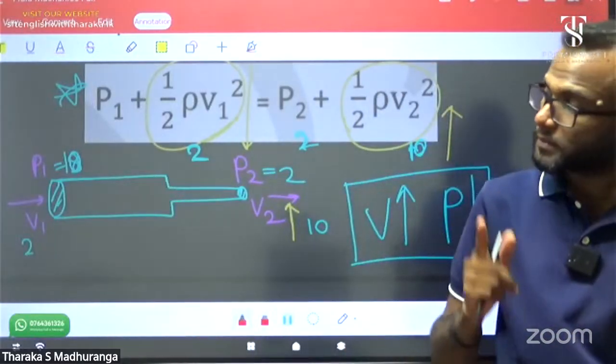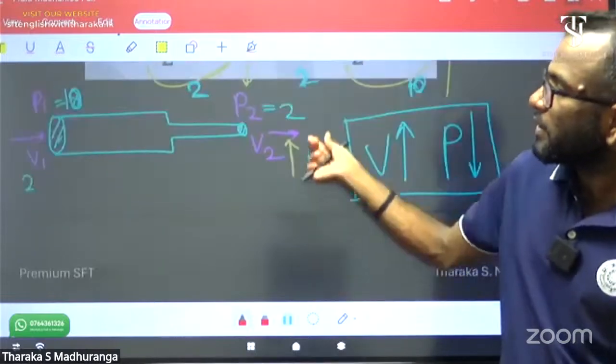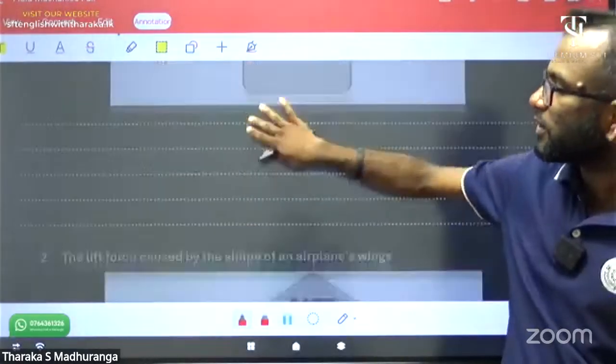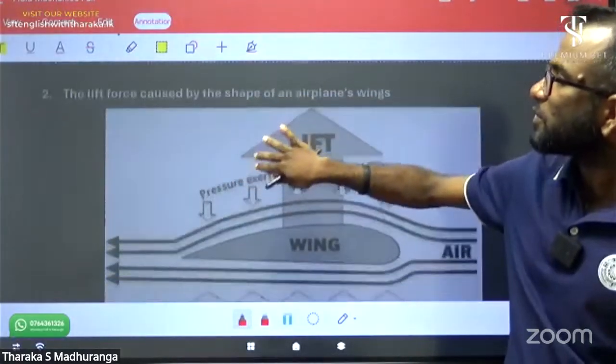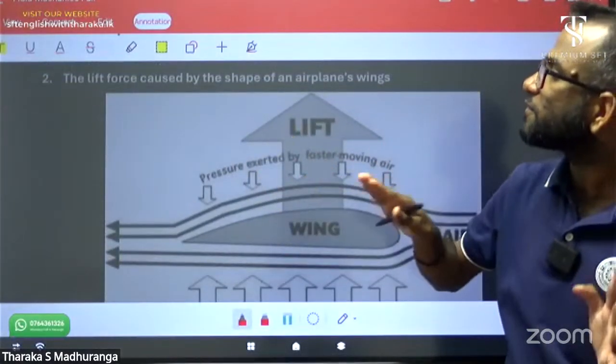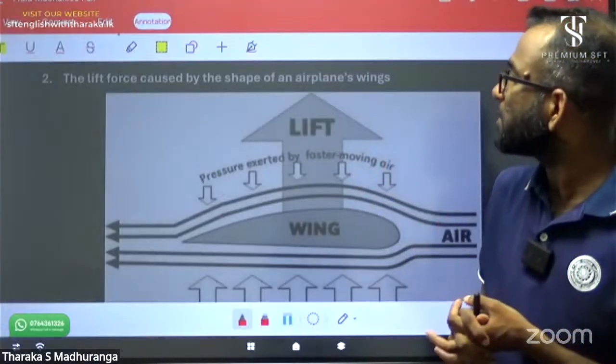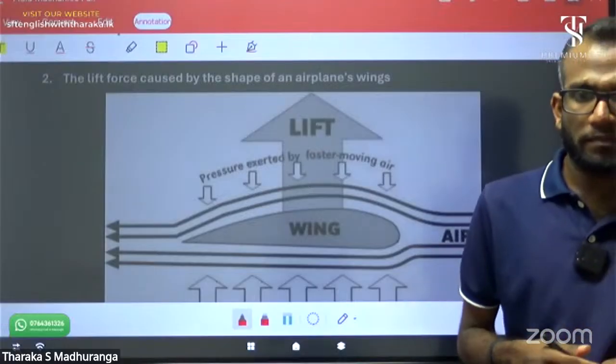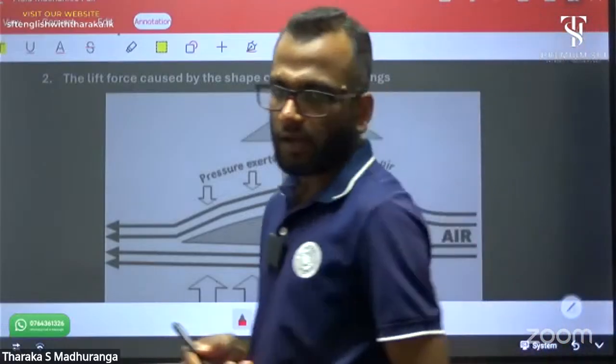Now let's see what the applications are according to Bernoulli's theorem. For easy understanding, I'm going to first explain how an airplane is lifted. Due to this, it is Bernoulli's theorem.